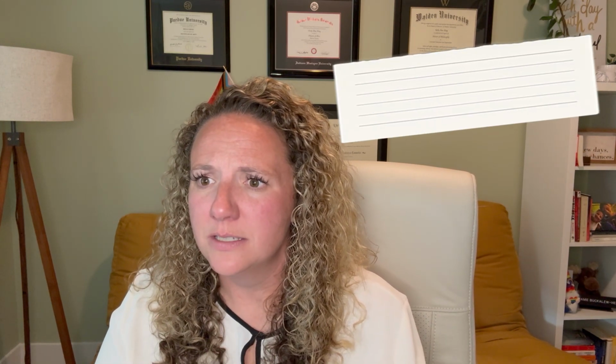The next criteria is continued use of the substance despite having persistent or recurrent social or interpersonal problems caused or exacerbated by the effects of the substance. In a general sense, there have been negative consequences for use, but the person has continued to use anyway. So, I know that it makes me feel really crappy, but I keep doing it anyway.